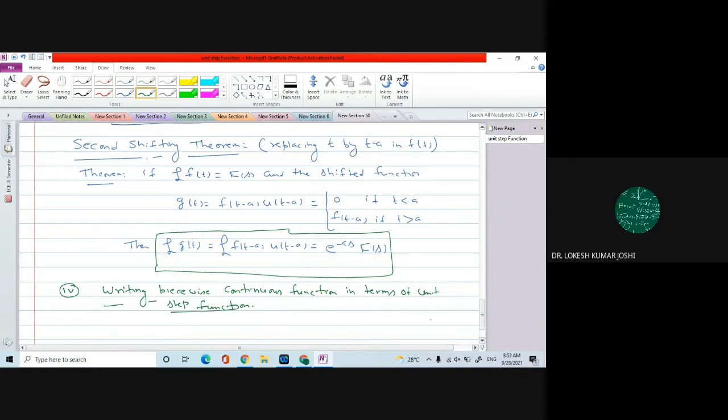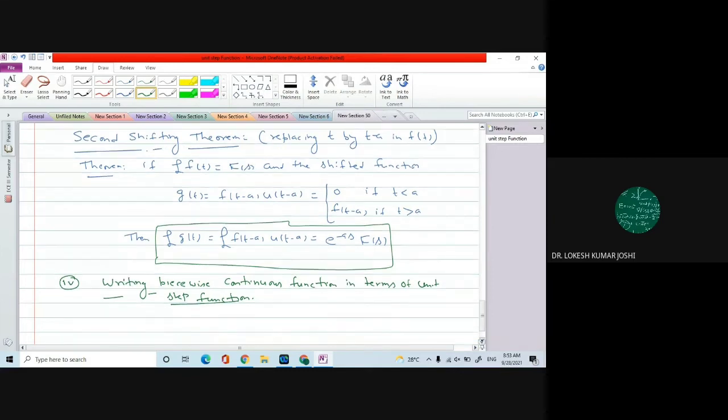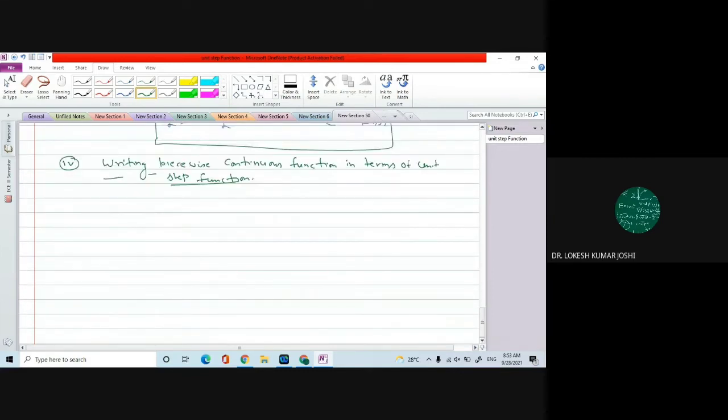See it carefully. How can we write any piecewise continuous function in terms of unit step function? Let f(t) equal f1(t) for 0 less than t less than a, and its value is f2(t) for t greater than a.